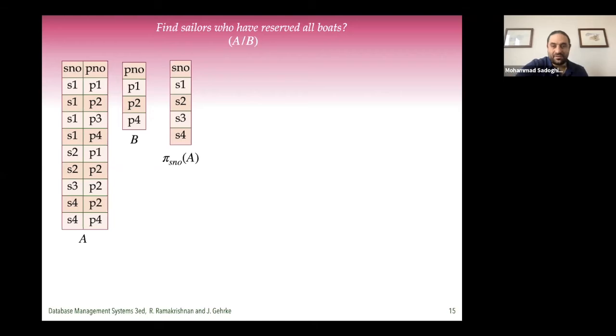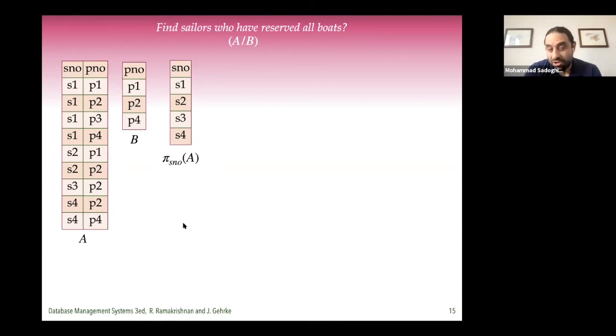Gives me just a list of all sailors. Okay. So now I have the list of all sailors, the list of all boats, and the list of all reservations. Is that useful in any way? Can I utilize this in some way?